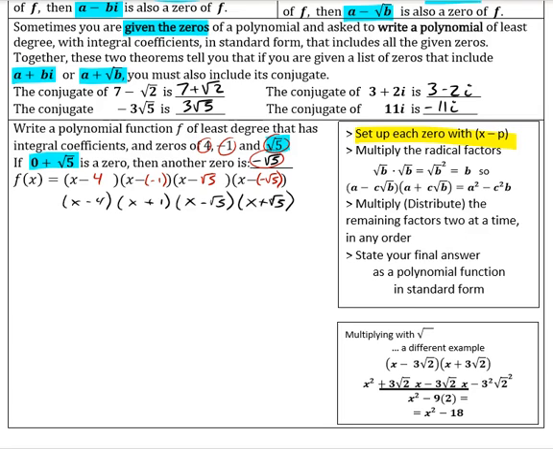Step 2. Multiply the radical factors. If you have square root of b times square root of b, that's square root of b squared, which is just b. So a minus c square root of b times a plus c square root of b is just a squared minus c squared b. So I'm going to look at these two terms right here.